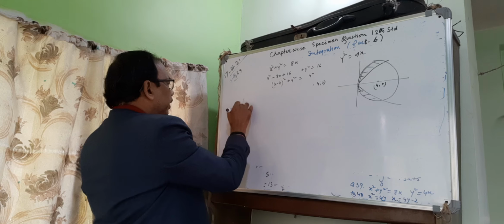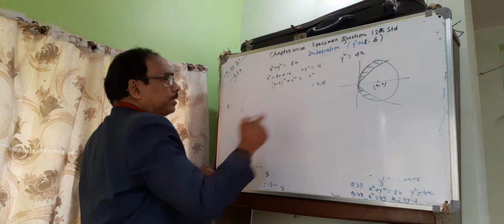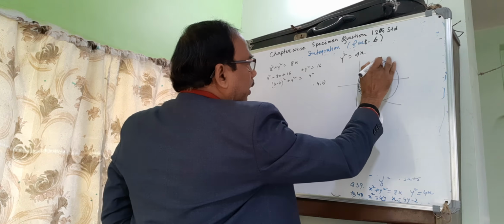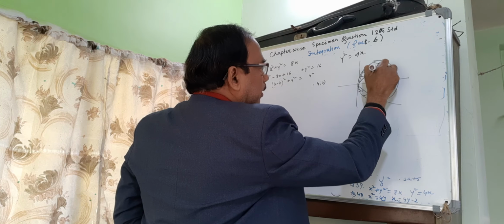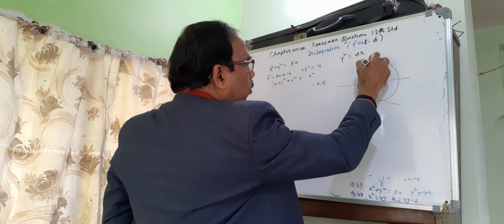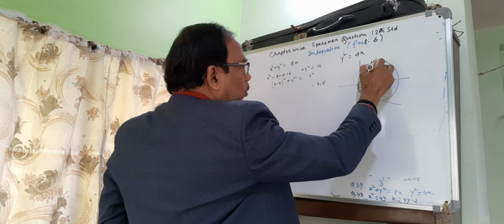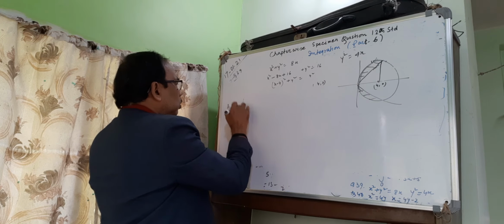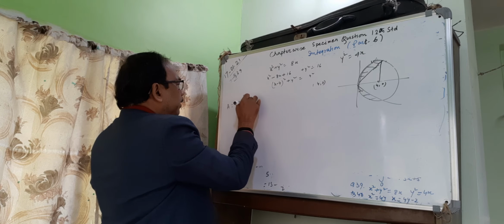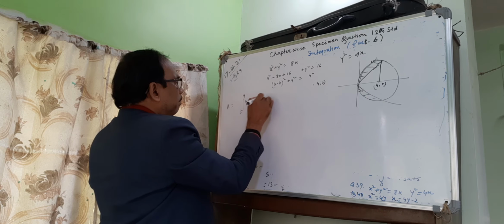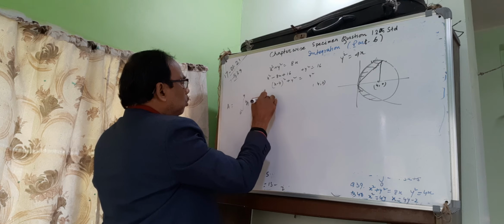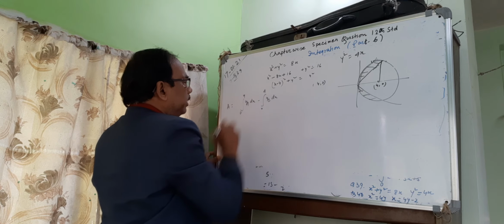So integration, area of bounded region, draw like this. 0 to 4, area of y of this curve minus 0 to 4 y of this curve. So 0 to 4 y1 dx minus 0 to 4 y2 dx.